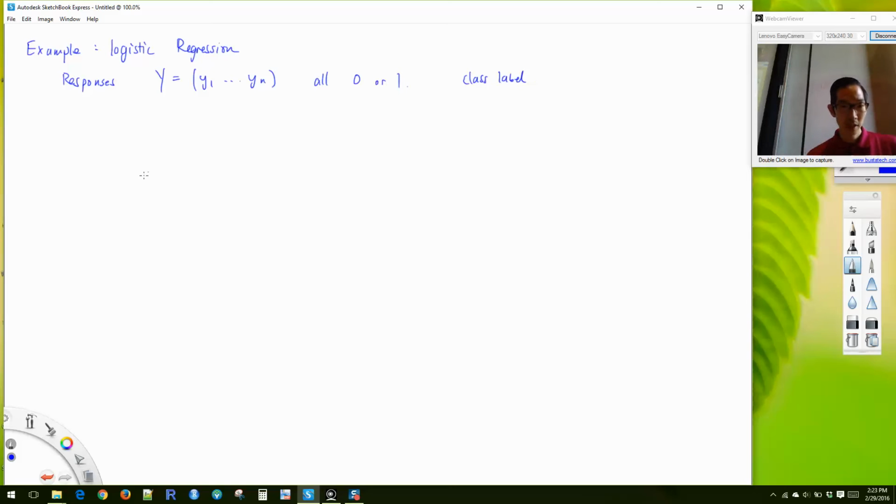Then our predictors, our explanatory variables: we'll have 1 and then x1, and so on. This is a matrix, so this is our X matrix.